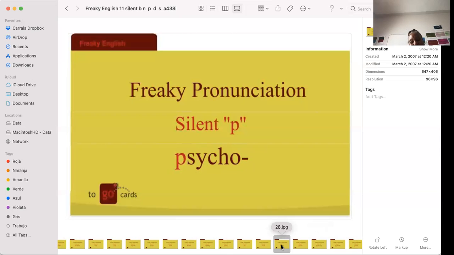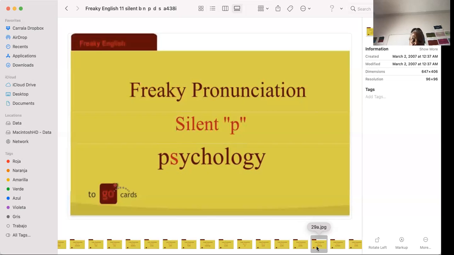Normally I don't pronounce them. Sometimes I do, sometimes I don't. If it's an affix, that means it's just the beginning of the word, so it's not the entire word. In this respect, these are prefixes. Once again, psycho, it's an affix, you can tell.